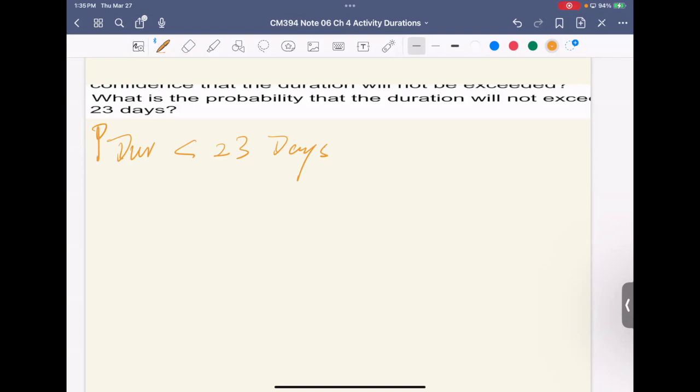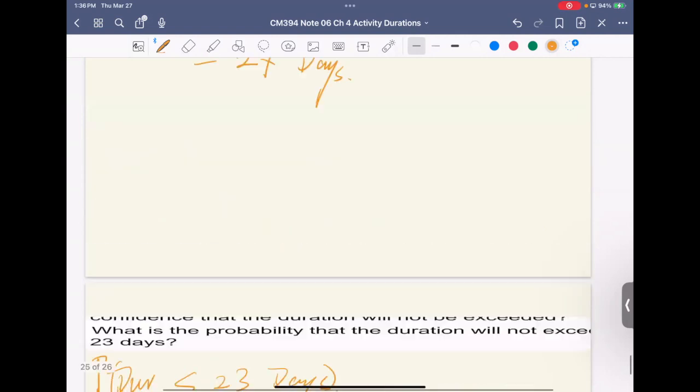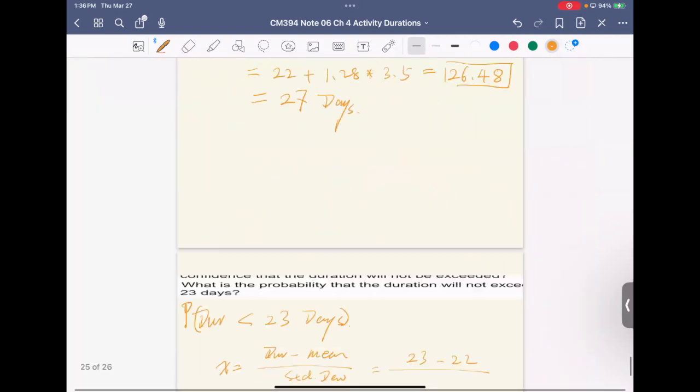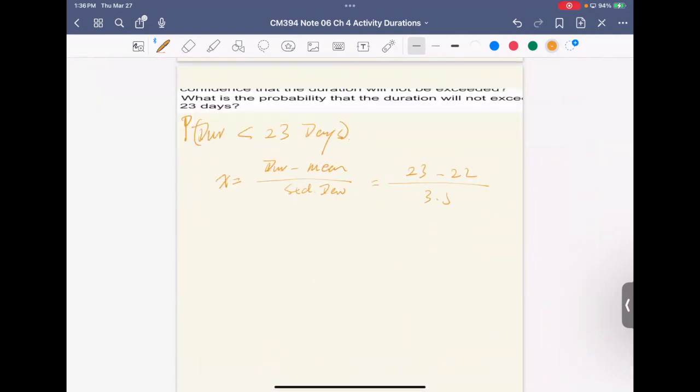Is that correct? And we have already given you how to determine the x, right? So your x is equal to your duration minus the mean, divided by the standard deviation. So you get 23 minus 22, divided by, what's the number for that one? 3.5. And you get x is equal to what?